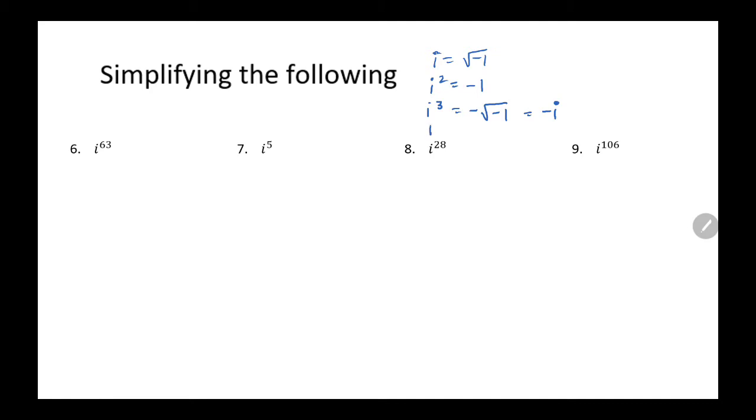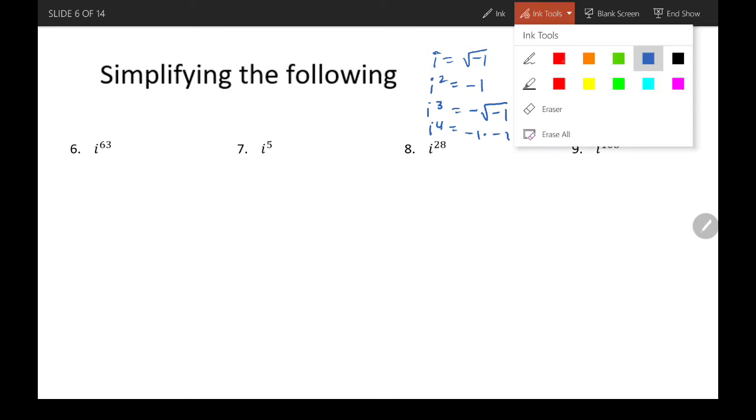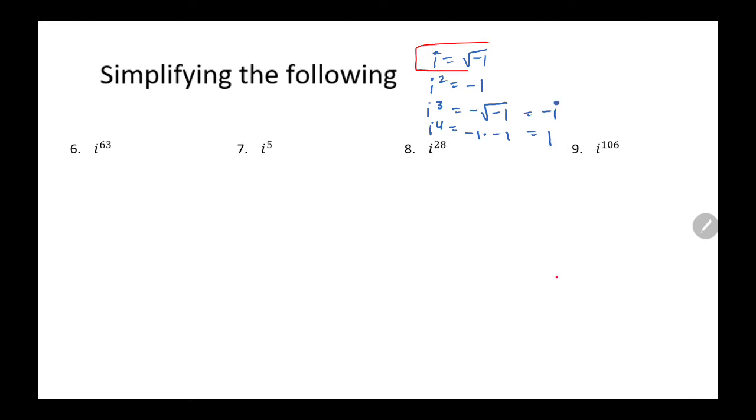And then finally, i to the 4th, well, that's i squared times i squared. So it's -1 times -1, which is just +1. So if you keep those in mind, then this becomes really easy.